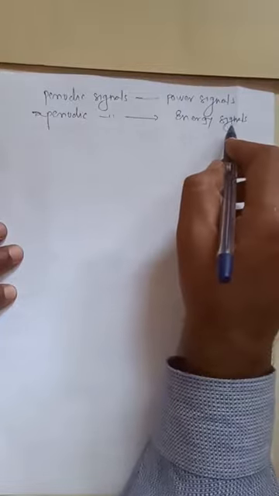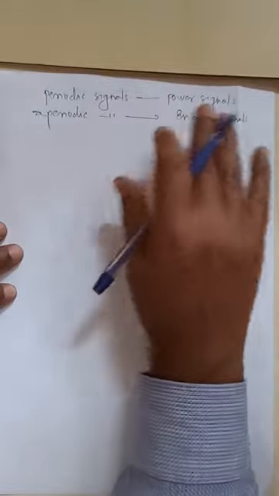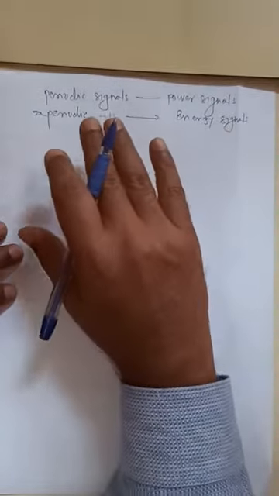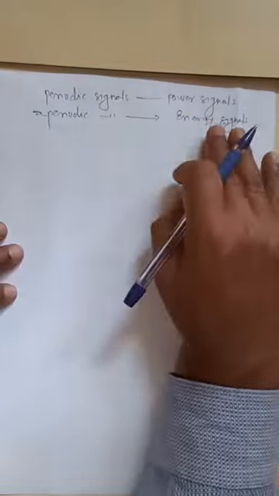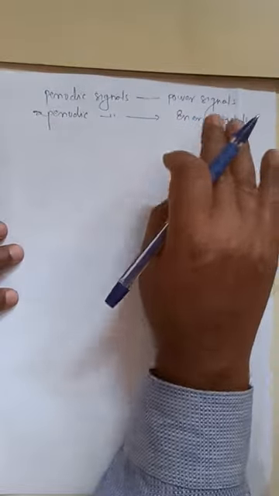So all the energy signals are Fourier transformable because they are aperiodic.